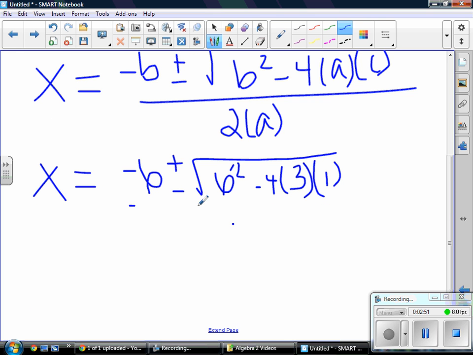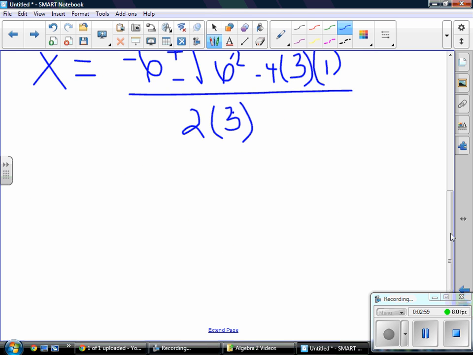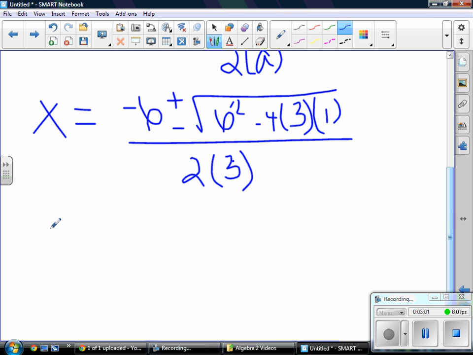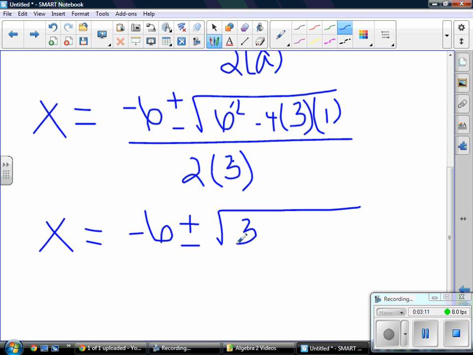All divided by 2 times a, which was 3. Alright, so now we're going to calculate this answer. So I have x equals, so I'm finding my x-intercepts, negative 6 plus or minus, let's figure out what is under the square root sign. 6 squared gives me 36, minus 3 times 4 times 1 gives me a 12 under here. 2 times 3 will be a 6.